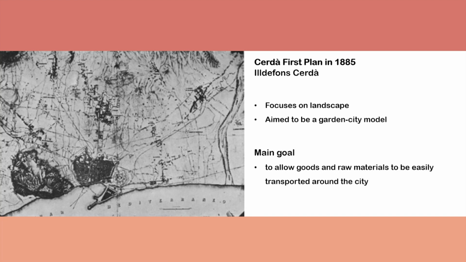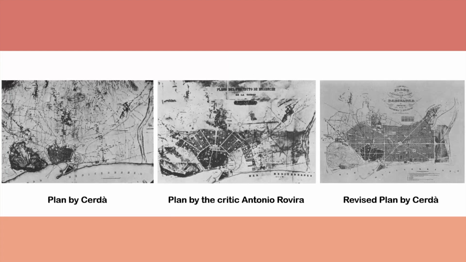But the engineer seems to focus a lot on the city becoming a grid pattern, so there were many criticisms. This is the plan by Serda, with advice from this architect Antonio, because he said the grid plan is too rigid and not creative enough.